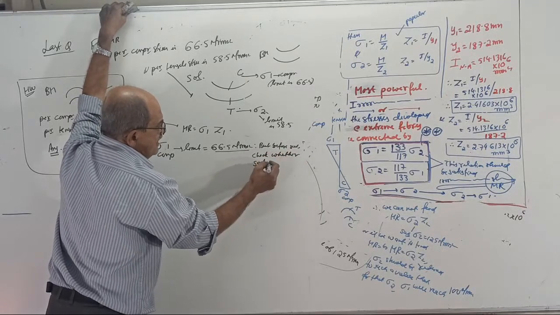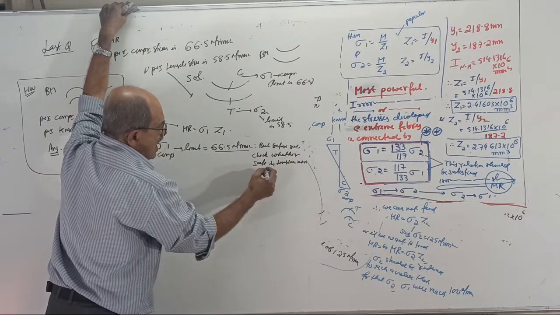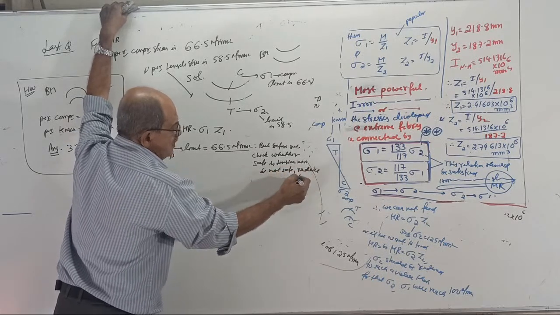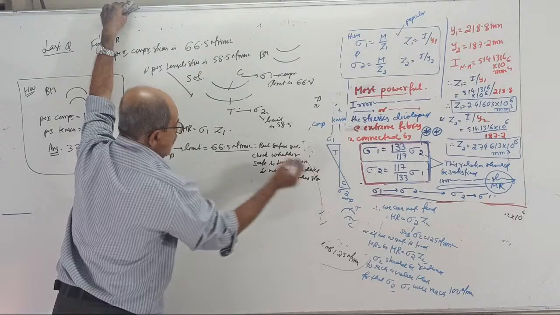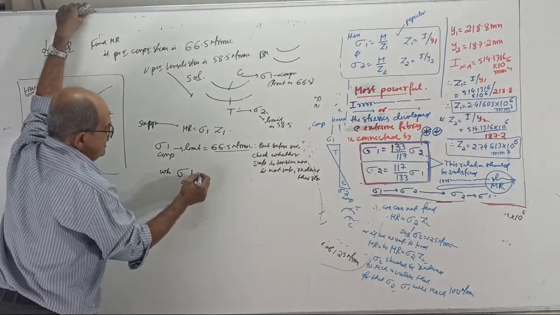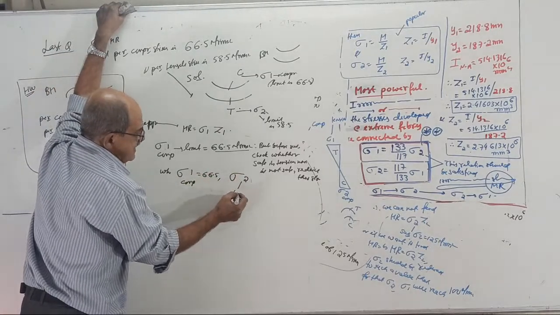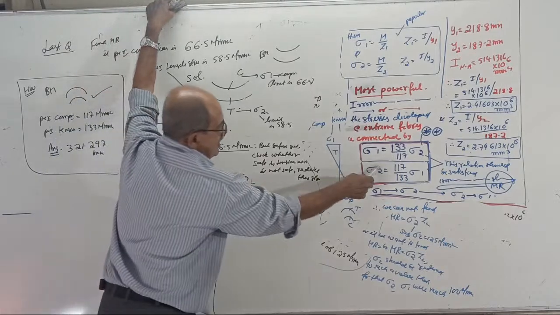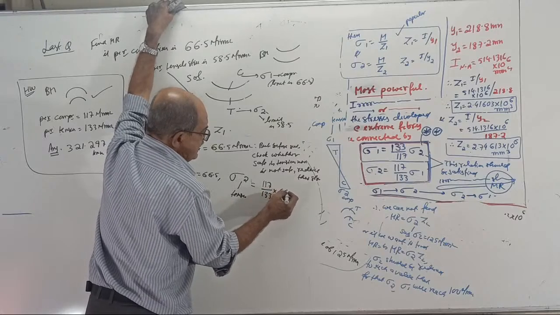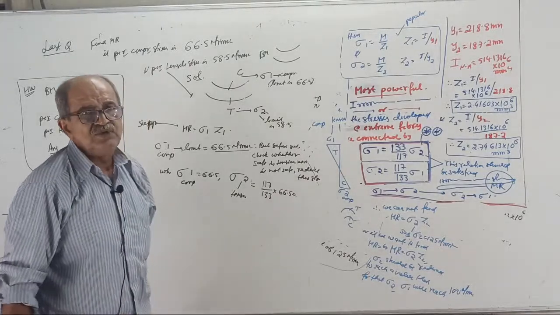If not safe, reduce the stress. Like last time. Okay, start. When your sigma 1 compression reaches 66.5, then sigma 2, that is tension, will become 117 by 133 into 66.5. Tell the answer.